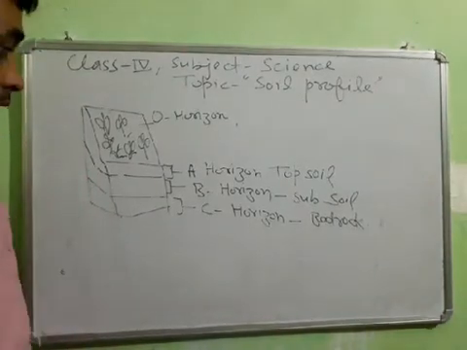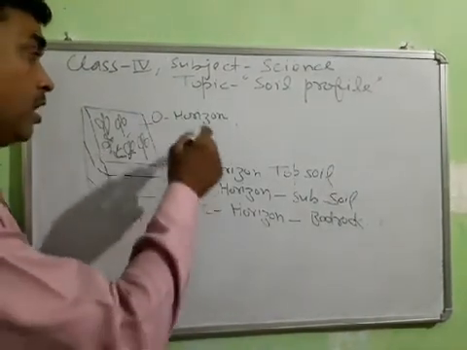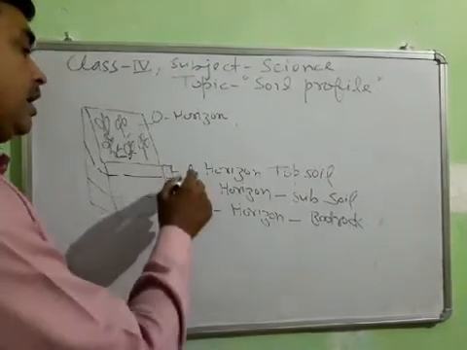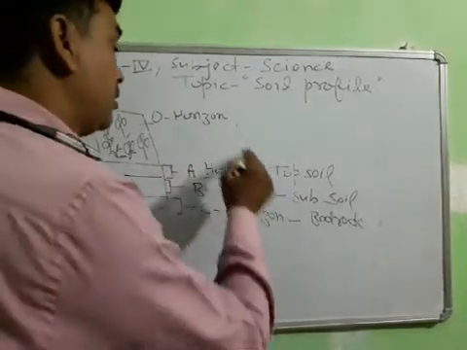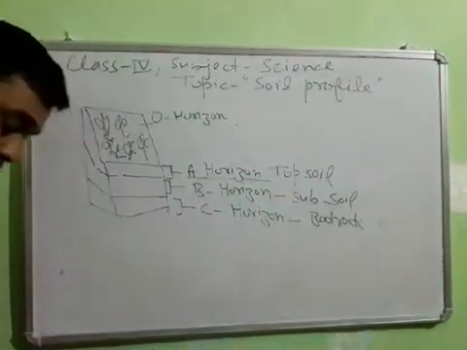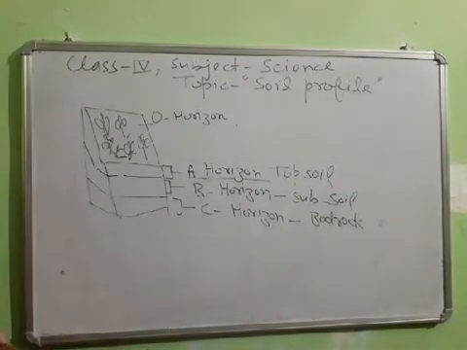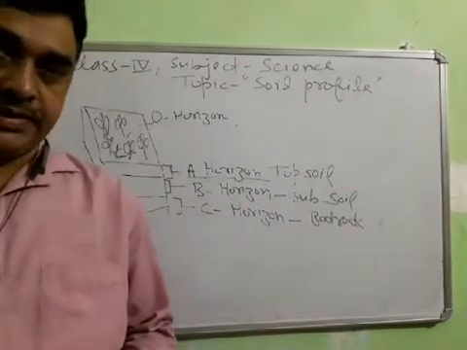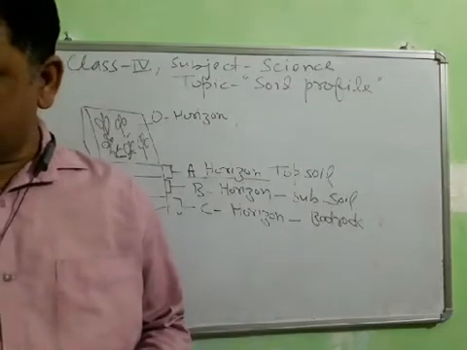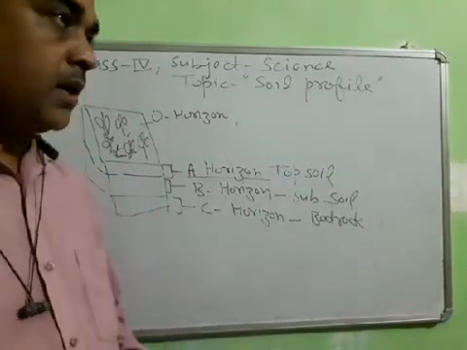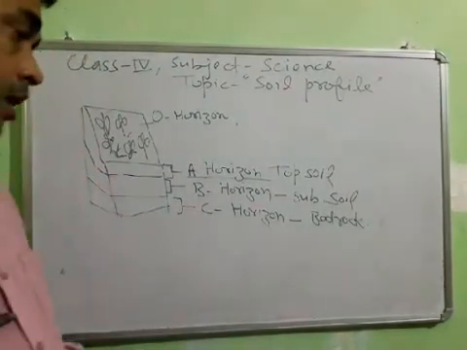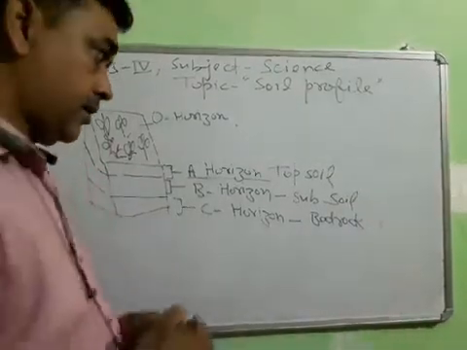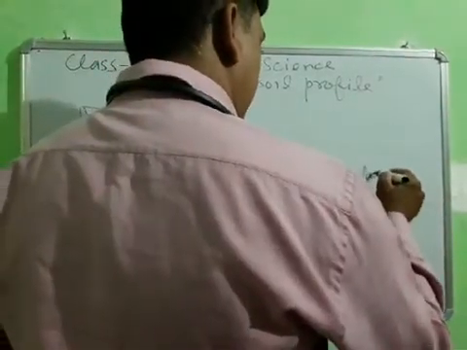The A horizon is located below the O horizon. It is composed of minerals and decomposed organic matter, so it is dark in color.